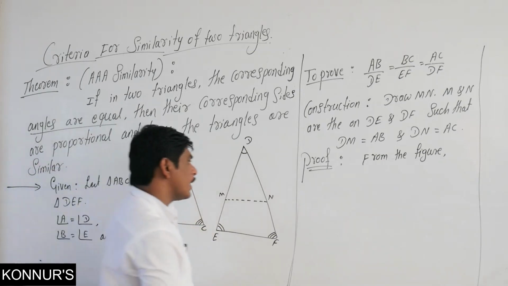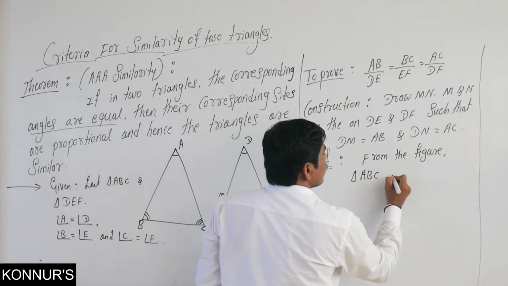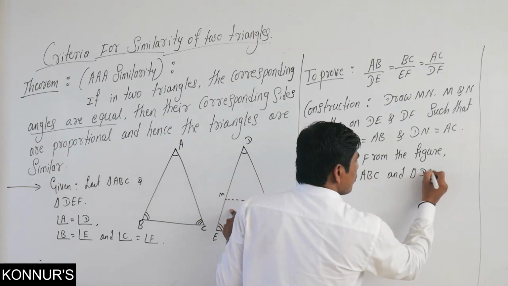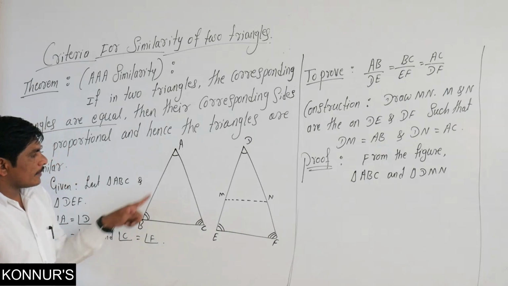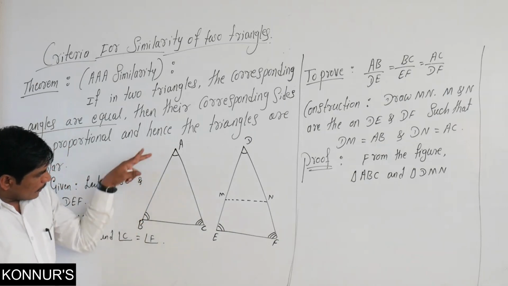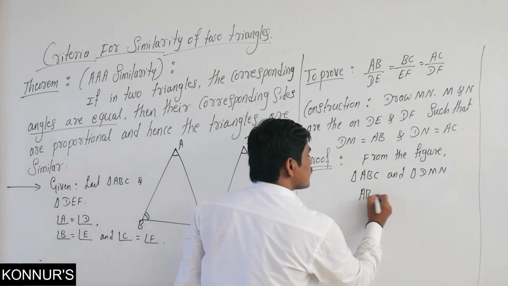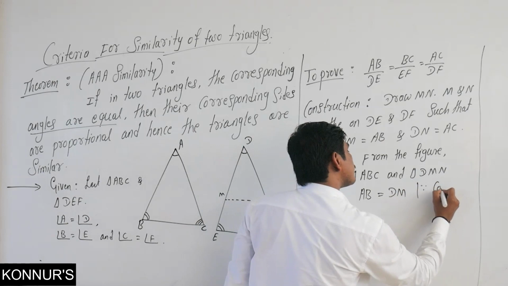First we prove triangle ABC and triangle DMN. Here AB is equal to DM, because of the construction.